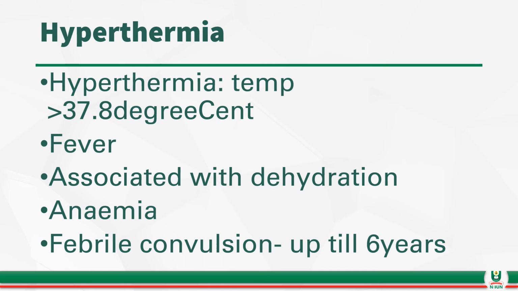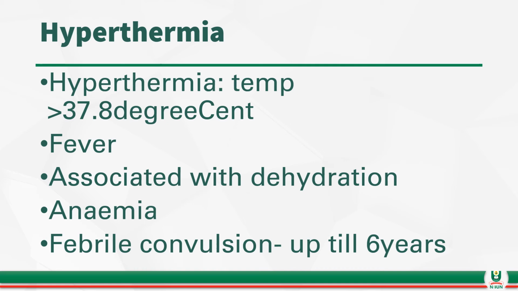There could be associated dehydration because as the child is running a temperature, the child is losing fluid from the body. Such a child could have the red blood cells being lysed, leading to anemia, and ultimately such a child can convulse because of the fever.